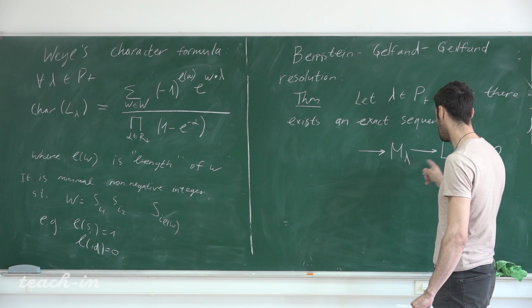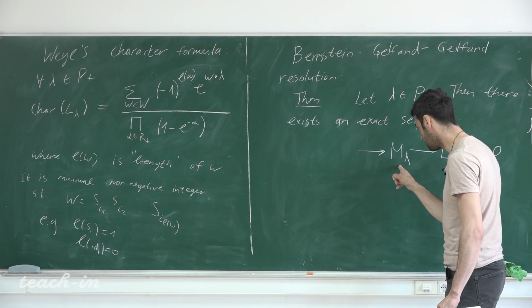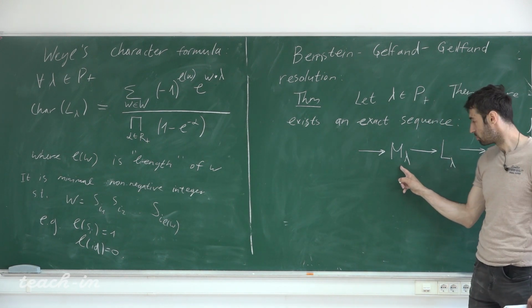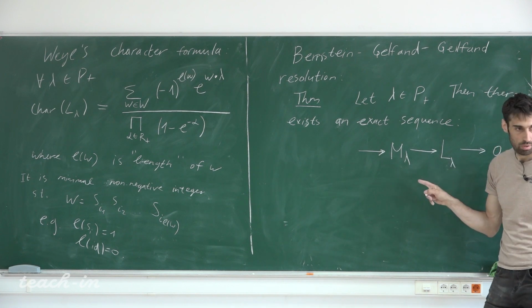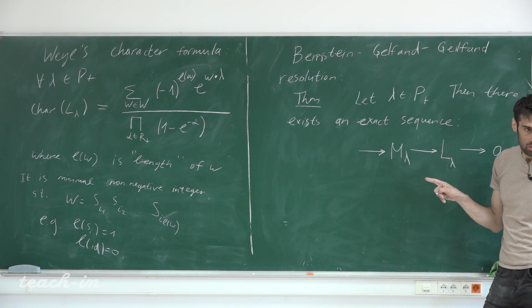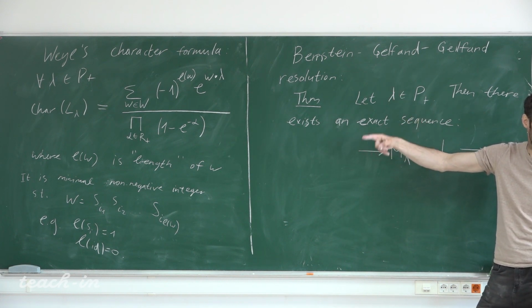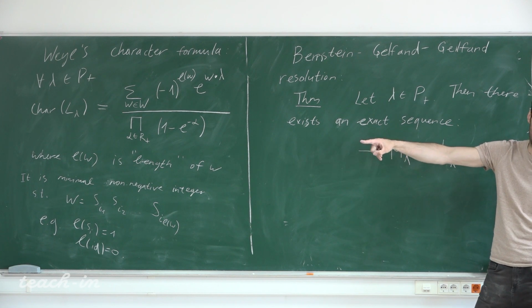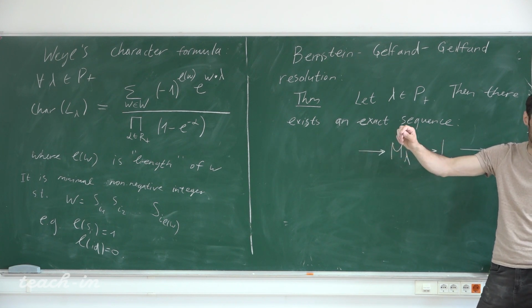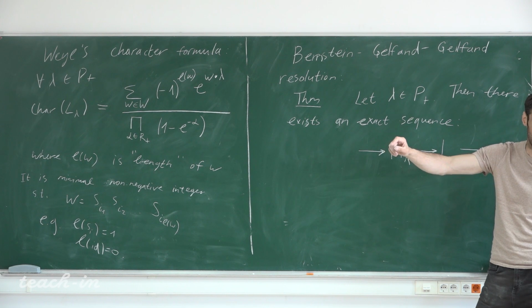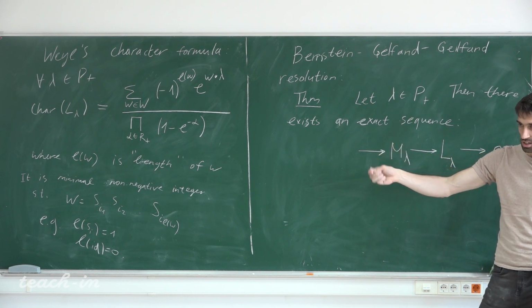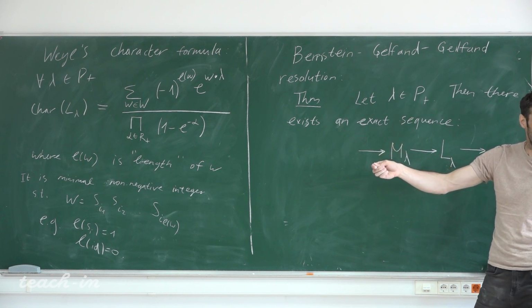But then what is in the image here should be in the kernel of this map. The kernel of this map is the sum over Mi's. I announced that we didn't see this in detail, but it's not hard to see that each Mi is a Verma module.